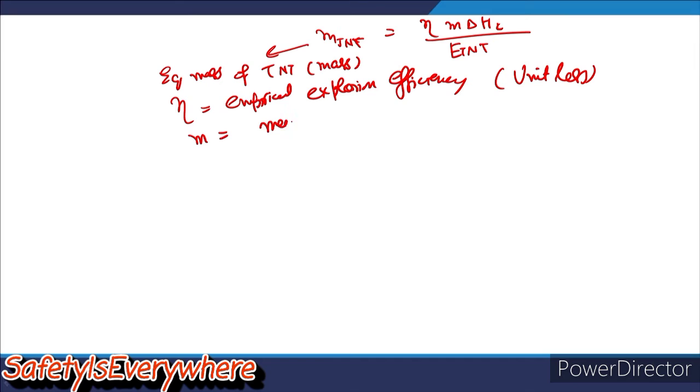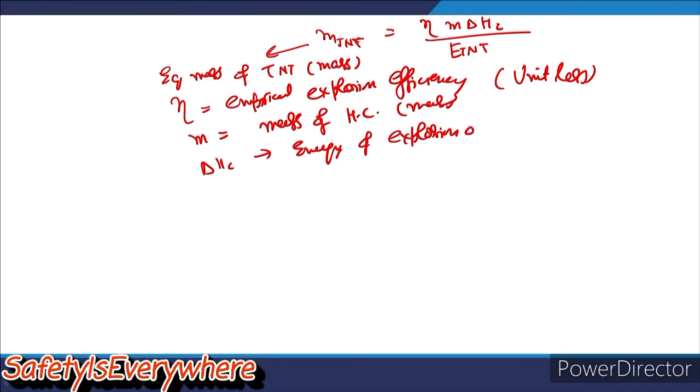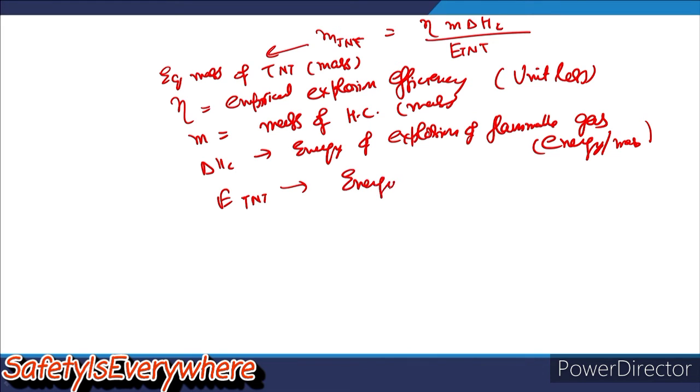M is the mass of hydrocarbon, and delta Hc is the energy of explosion of the flammable gas, having the unit of energy per mass, and E TNT is the energy of explosion of TNT.